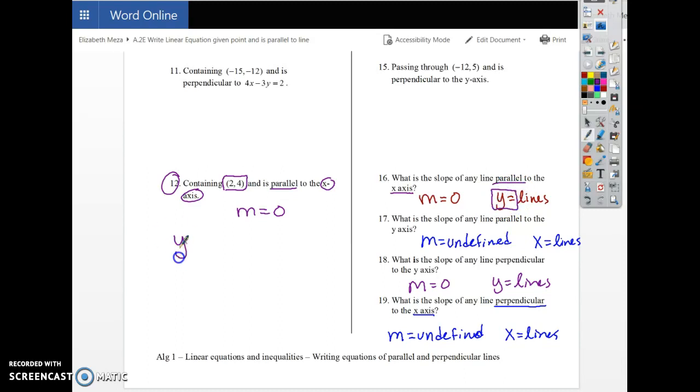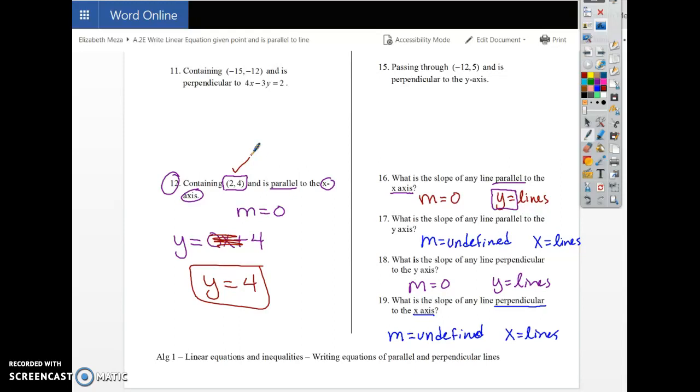So I'm going to put y equals 0x, right? And then whatever the y is. So what is the y on this point? 4. What happens to the 0x? It goes away. So really it's just y equals 4. And you can put this in y equals trace and make sure that it goes through this point, which it does.